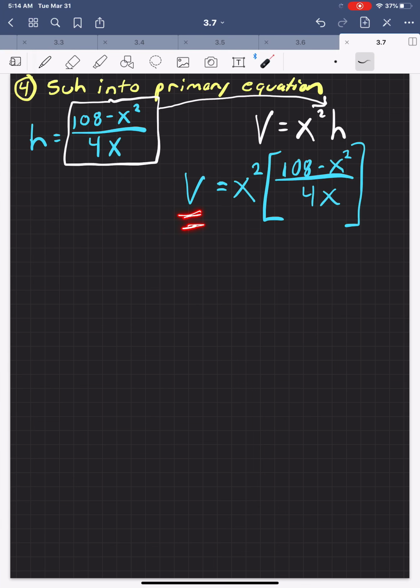So before, if you wanted to find the volume of this open top box, right? So you've got this box over here with no top on it. Before, for the volume, I would need a length and a width and a height.